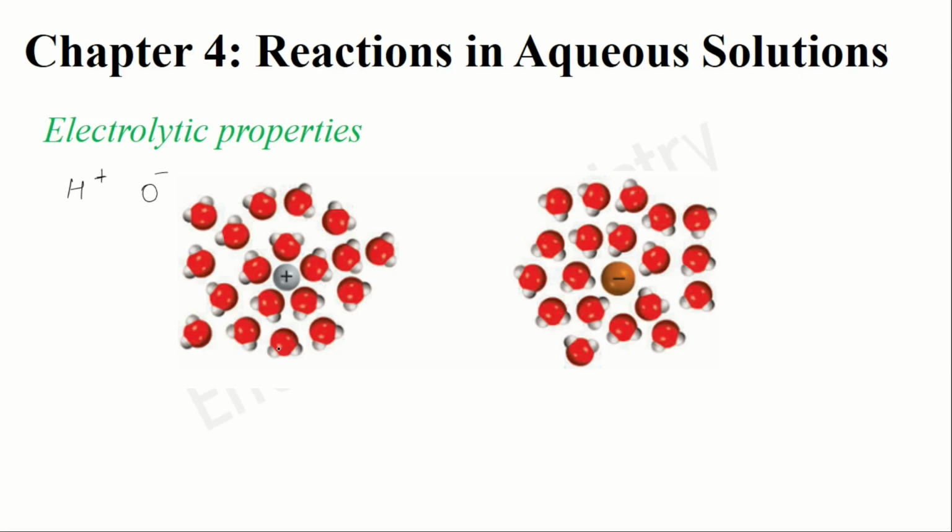Each sodium ion is surrounded by water molecules, orienting their negative poles toward the cations. Similarly, each chloride ion is surrounded by water molecules with their positive poles oriented toward the anions. Positive points like hydrogen are oriented toward negative, but here negative points are oriented towards positive sodium.